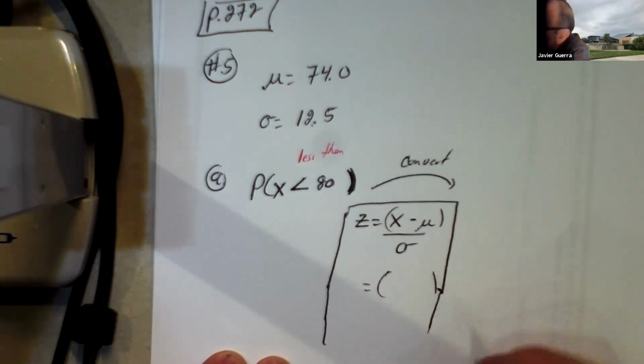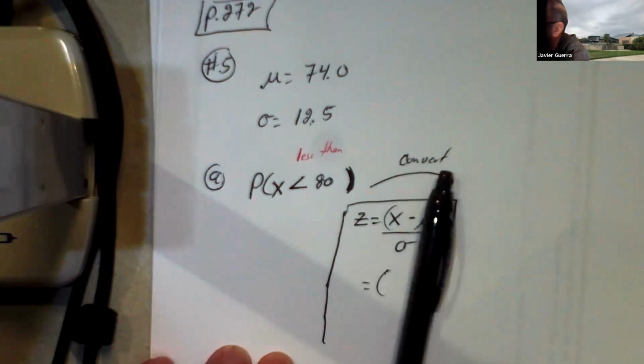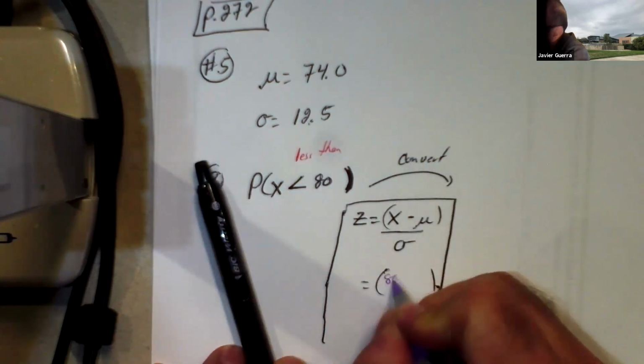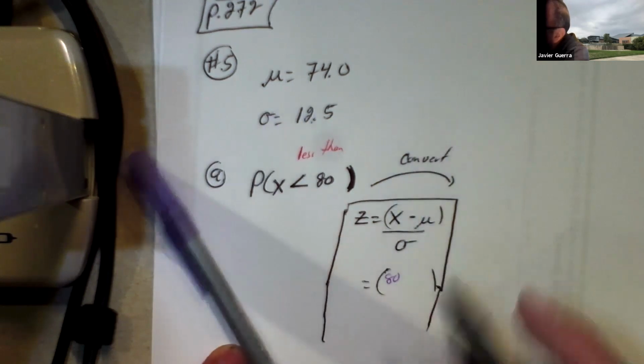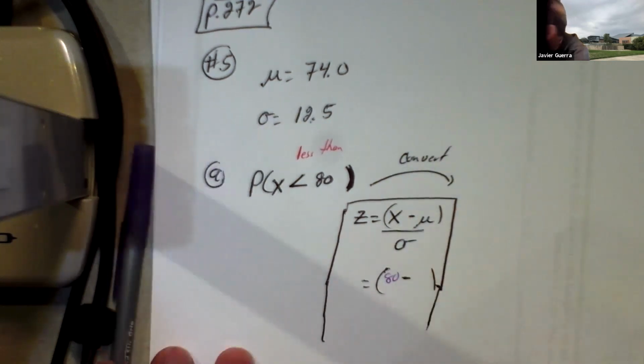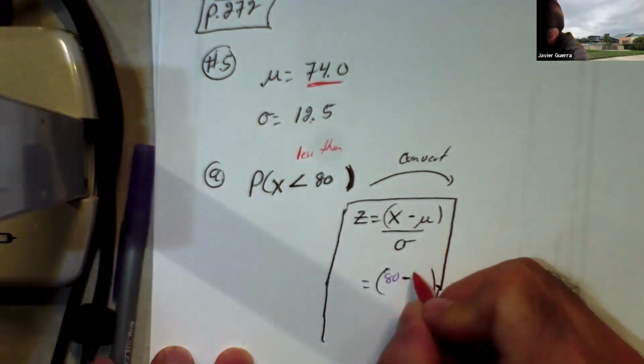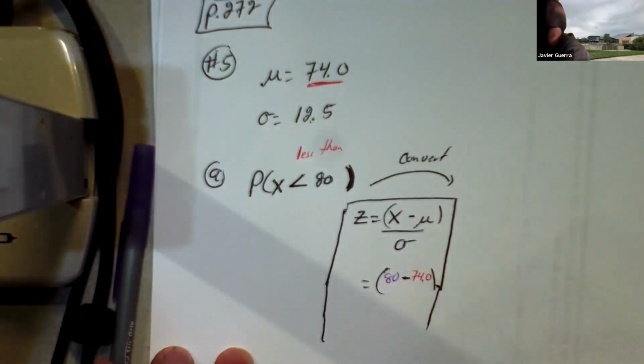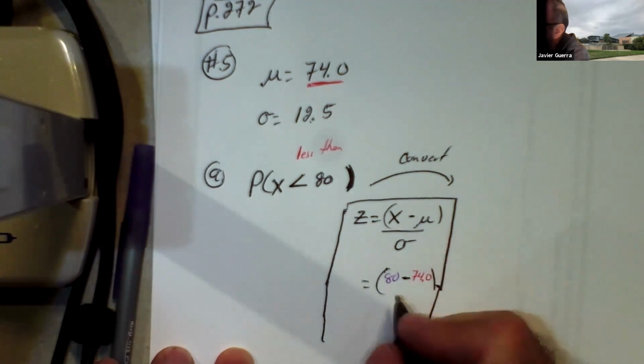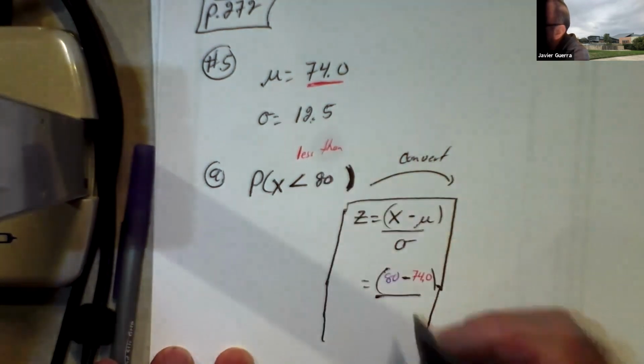So the X value is the 80, right? 80 minus my mu, which is the 74.0, and I'm going to divide it by 12.5.